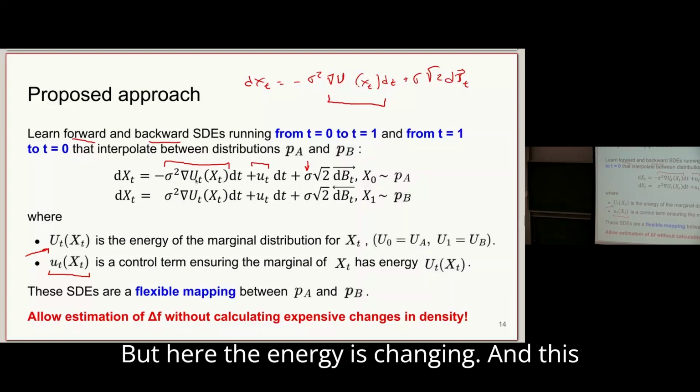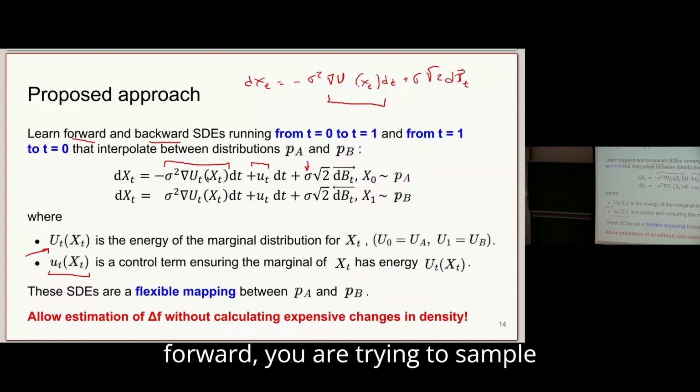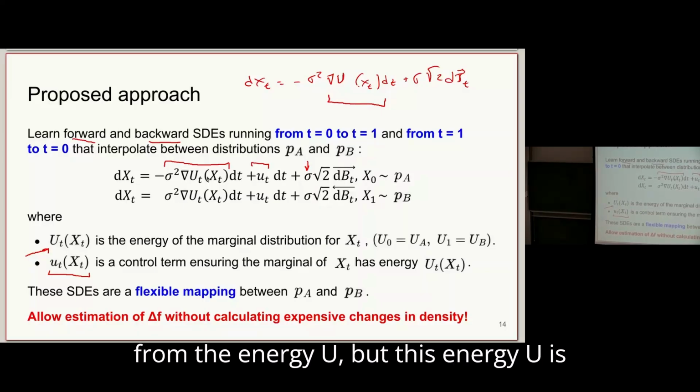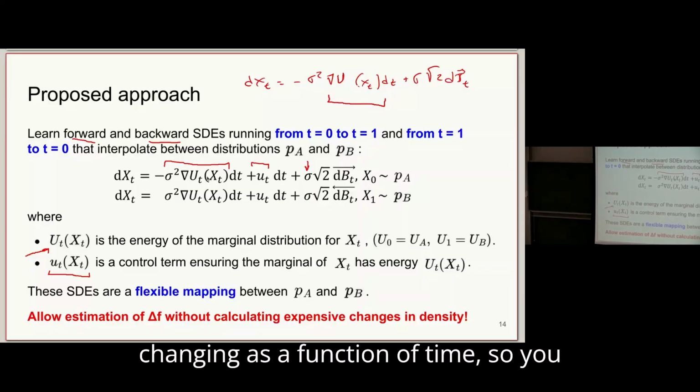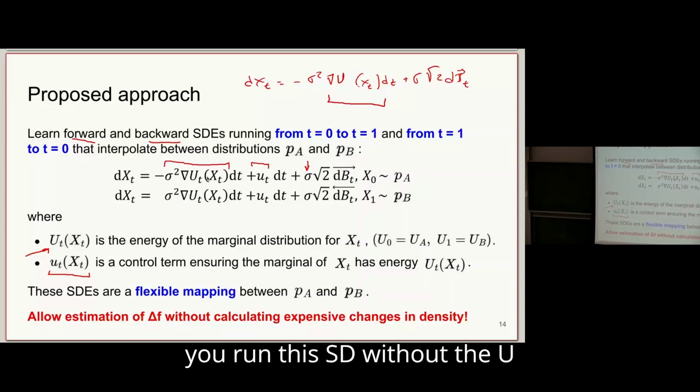But here the energy is changing. And this means that as you are simulating your SDE forward, you are trying to sample from the energy U, but this energy U is changing as a function of time, so you never really catch up. And actually, if you run this SDE without the U term, this U_t, you won't sample from the right distribution.